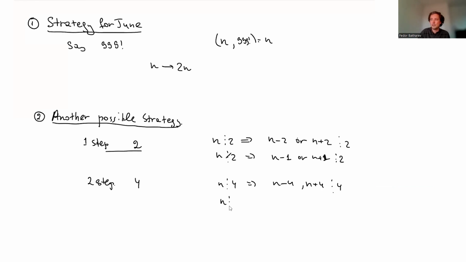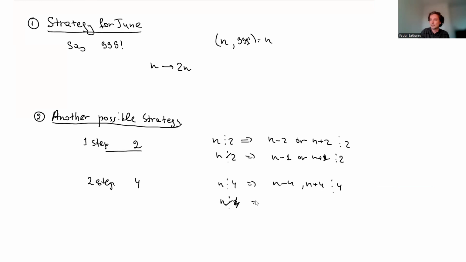And if n is not divisible by 4, then it has remainder 2, and the greatest common divisor of 4 and our n is 2.